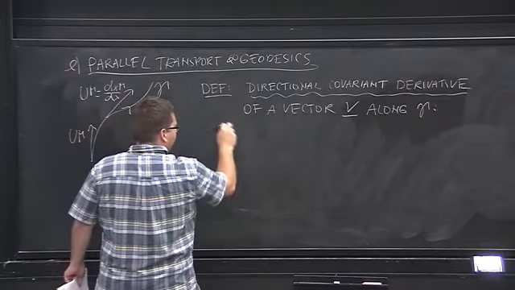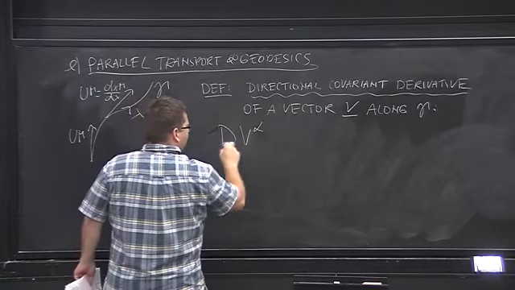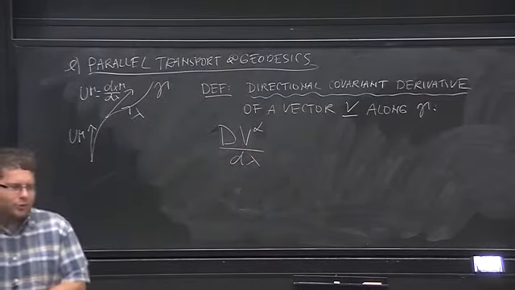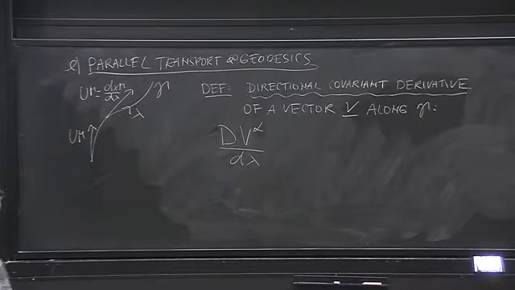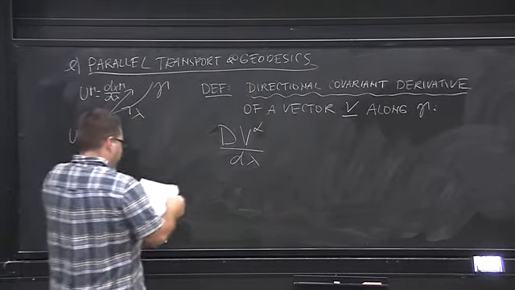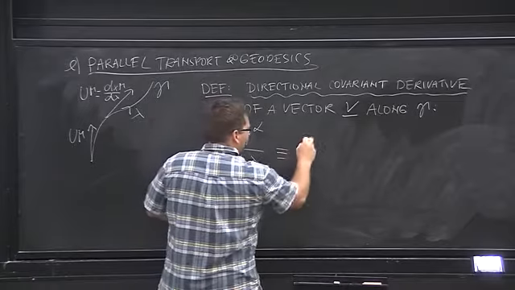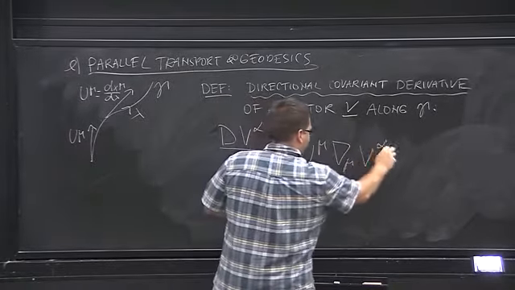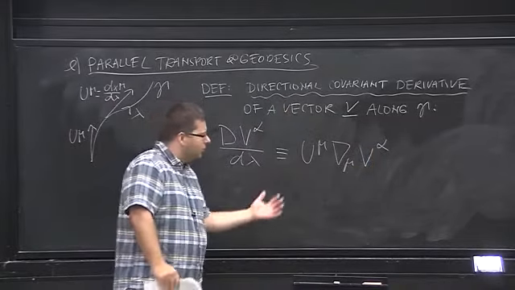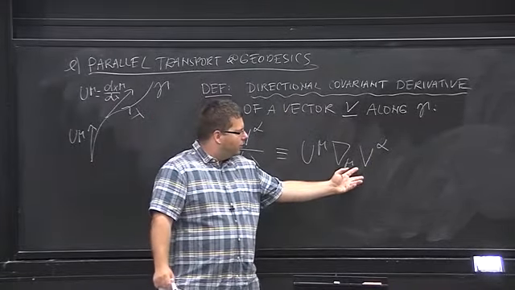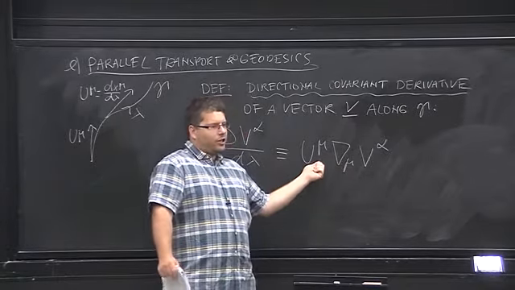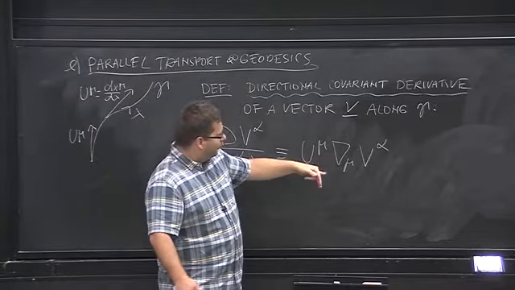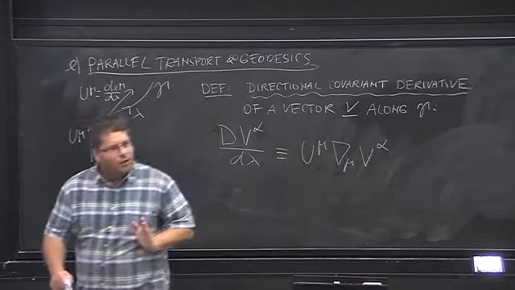You denote it by capital D, and so let's calculate it for the components of the vector v alpha. How we define it is simply u mu nabla mu v alpha. So you just take a covariant derivative, but make this covariant derivative directional along the curve gamma. It is like I am projecting the covariant derivative on the direction of my curve, u mu.